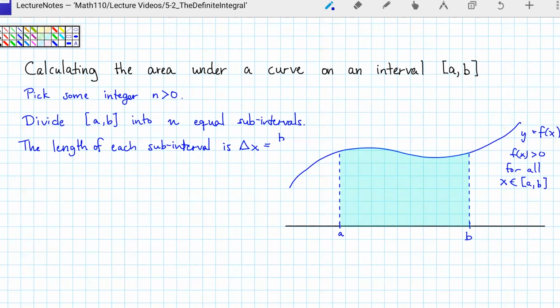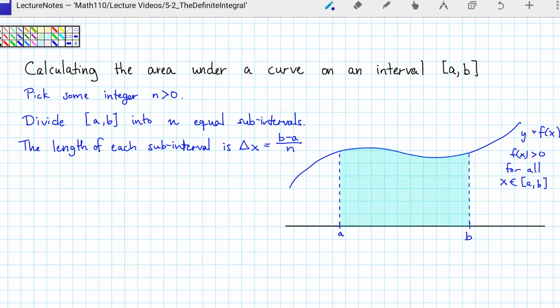And that is the difference between b and a divided by n. So the interval from A to B has length b minus a, and we've divided it into n equal pieces. So each piece is going to have width b minus a over n. We're calling that delta x.